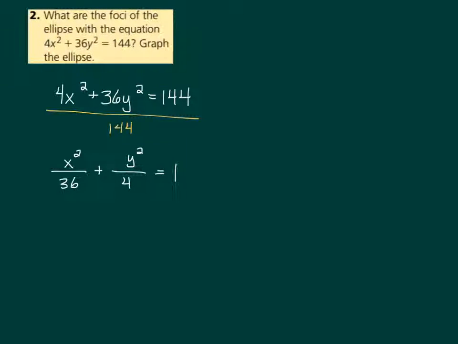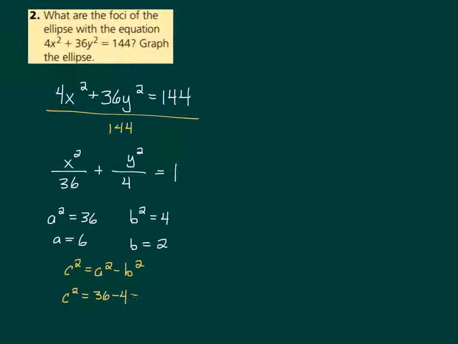So from that, I know that a squared is 36, so a is 6, and that b squared is 4, so b is 2. So we need to know c, and I gave the equation that c squared is a squared minus b squared. So c squared is 36 minus 4, which is 32.